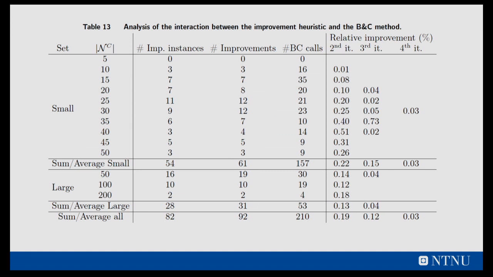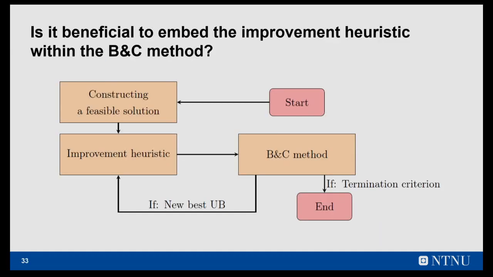So here we have a graph, a lot of numbers, but I'll try to explain. In this column we have the instances by number of customers. This column reports the number of times the branch and cut method called the improvement heuristic, so the number of times we used this arc here.